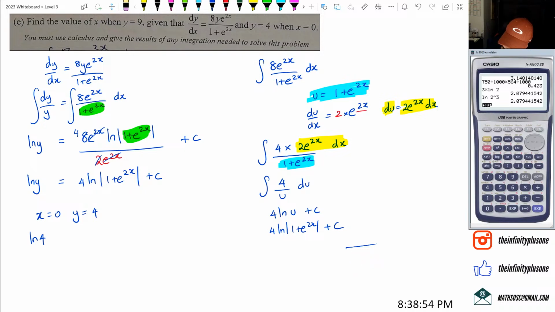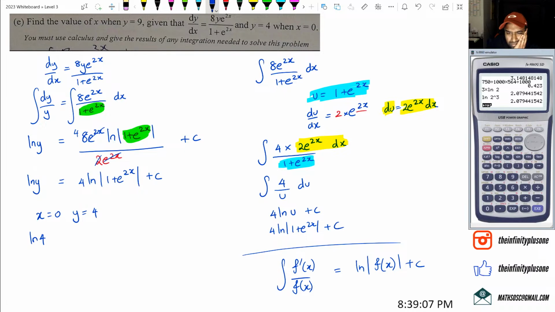It's something like the integral of f dash of x over f of x is equal to ln of f of x plus c. You see that one as well. I don't think this is reverse chain rule; I think it's this one here. But I prefer using substitution, because it just works out clean. But anyway, let's get back here.